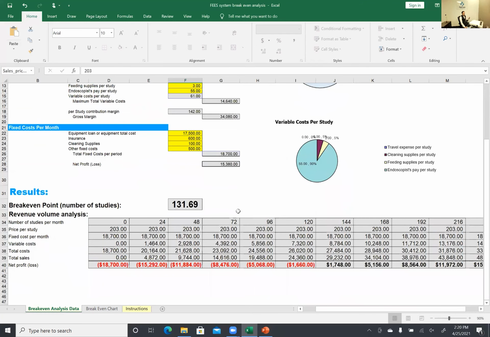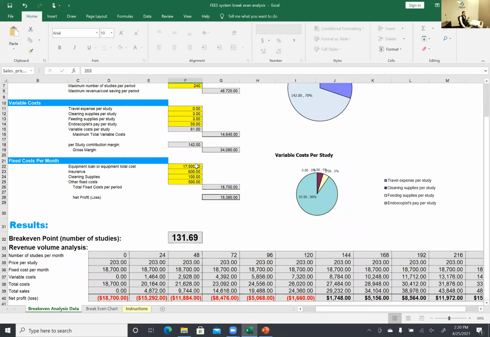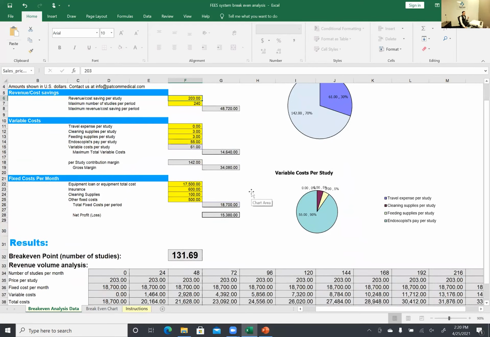Now, what if you are in a clinic that doesn't purchase the equipment, but you do a rental or a lease? Because we do offer that. We would change the numbers here a little bit. The revenue per study is the same.